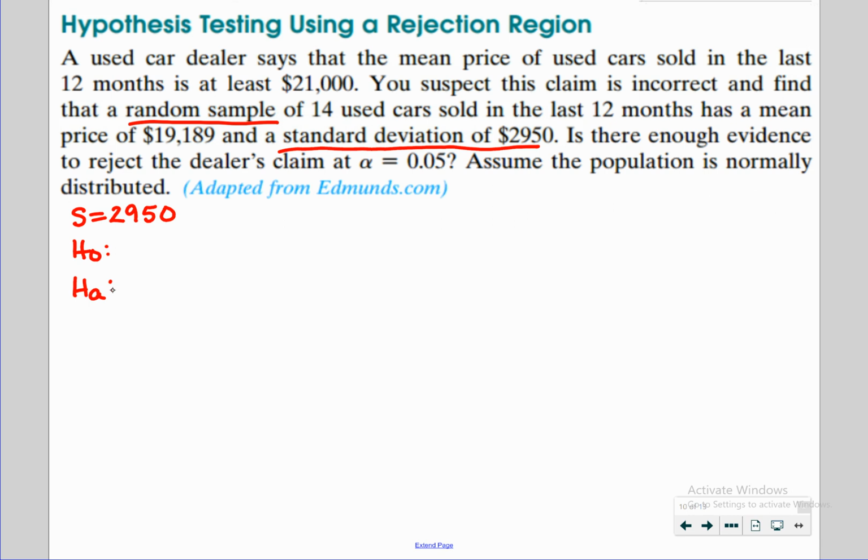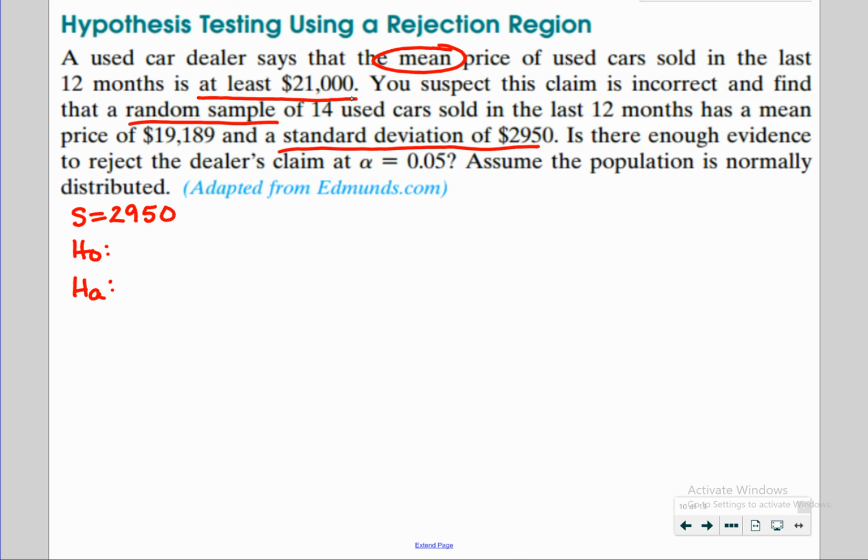Okay, I'm going to start with those hypotheses like we've practiced before. Both in this section and the last section, we're always hypothesizing about a mean still. So here it's the car dealer says that the mean price of used cars sold in the last 12 months is at least $21,000. Is that going to be a null or alternative hypothesis? What do we think? At least.